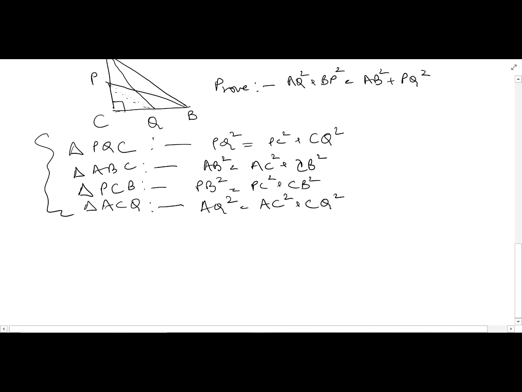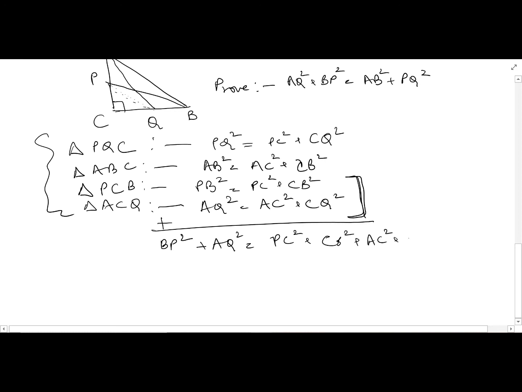So let's add the last two actually. So if we add them, we know that BP square plus AQ square is equal to PC square plus CB square plus AC square plus CQ square.